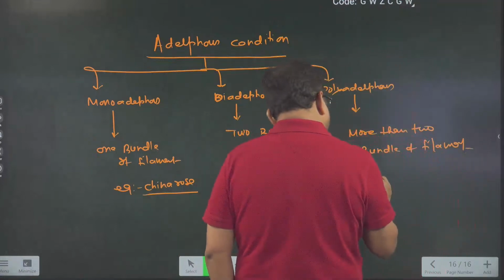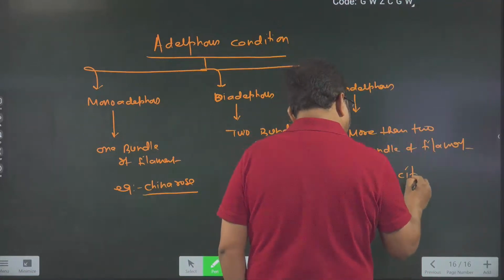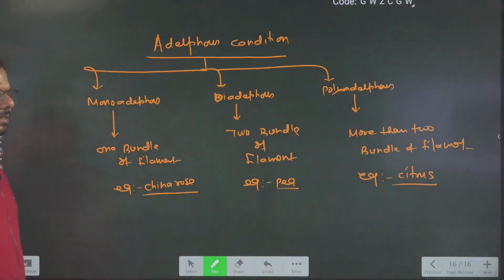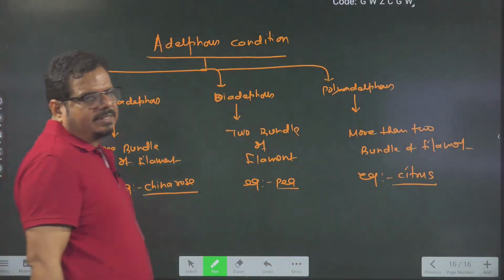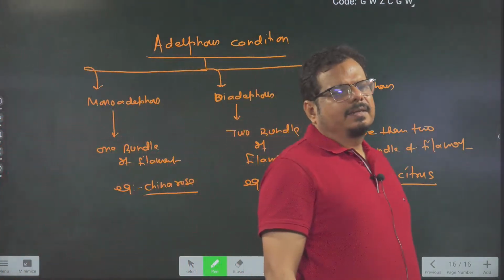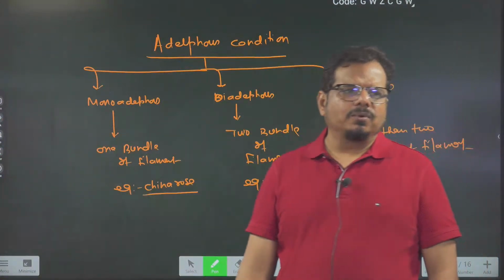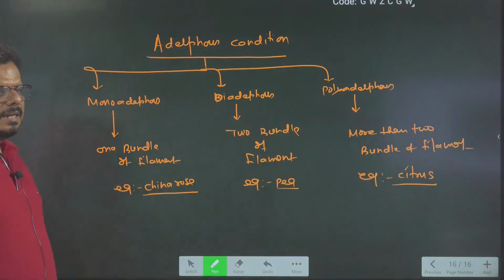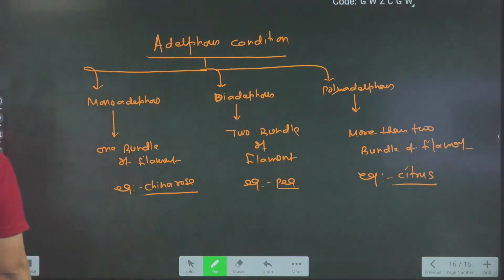An example here is citrus. Got the idea? One bundle of filament, mono; two bundles, di; more than two bundles, polyadelphous. Try to understand it with the help of a diagram, you understand it better.